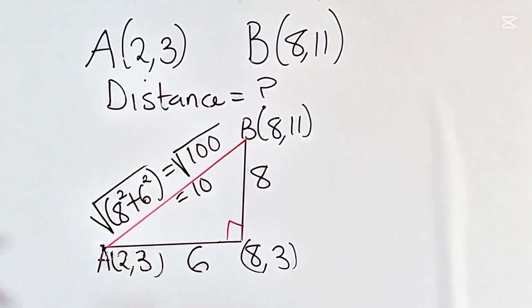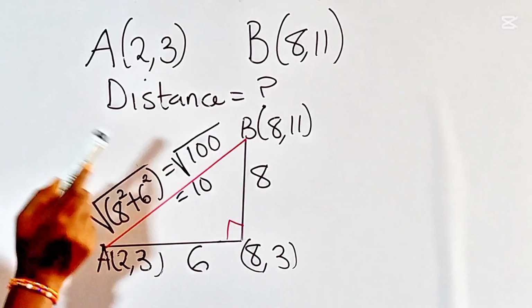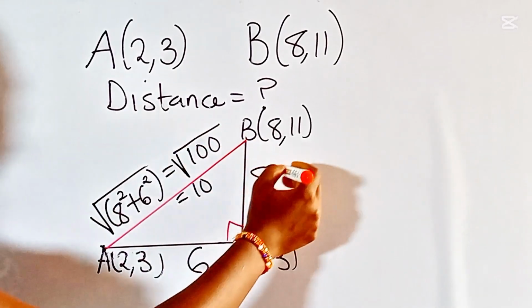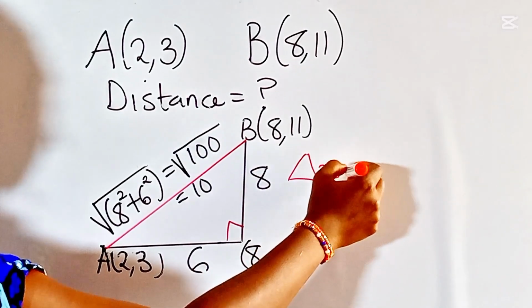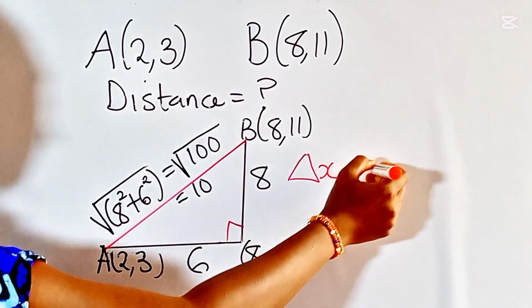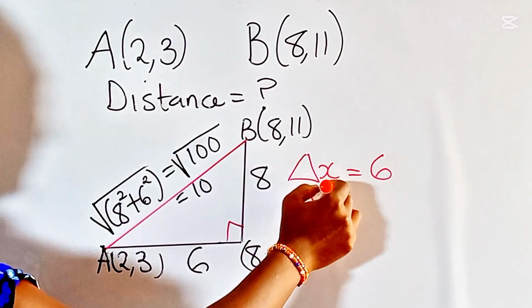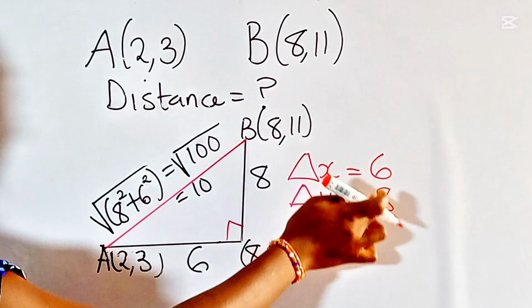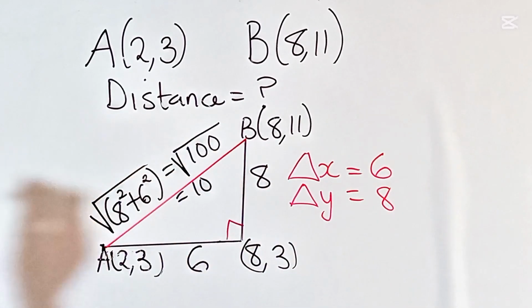This might look like a shortcut, but it's not. There is a reason why this always works. Did you see? The change in x is equal to 6, and the change in y is equal to 8. And 6 squared plus 8 squared, if you find the square root, you are going to have 10.